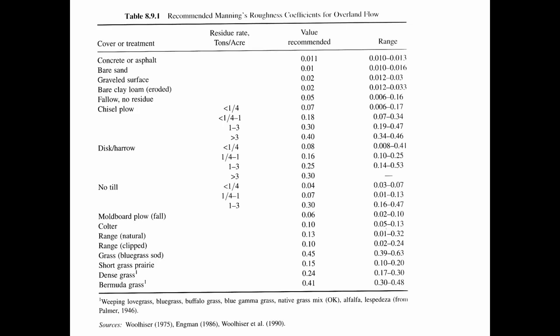You'd have what's called shallow concentrated flow, or you'd have channelized flow. But here are the N values that go for overland flow and different types of grass even. They've distinguished between whether it's natural or clipped range and so on, bluegrass sod. Bermuda grass, yeah. Very high roughness on Bermuda grass.